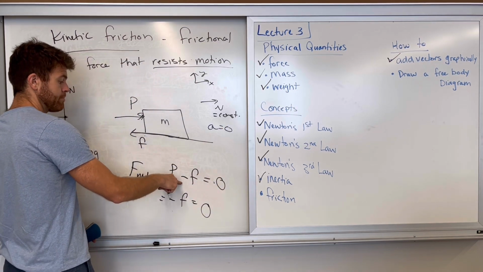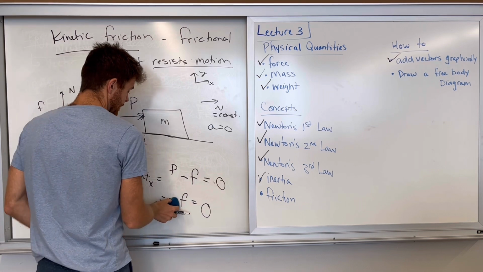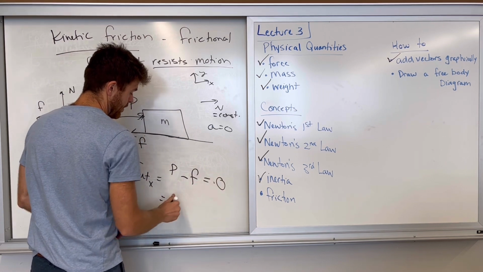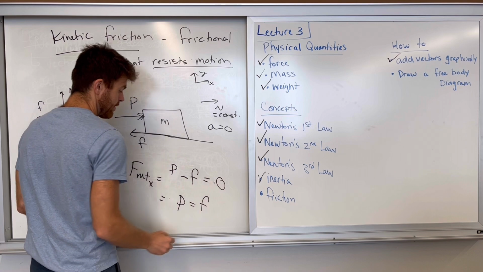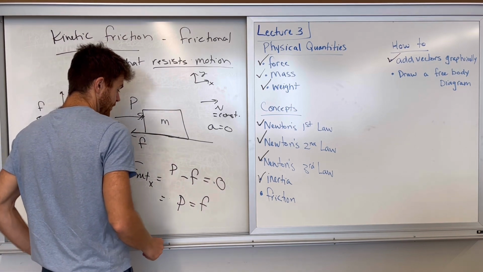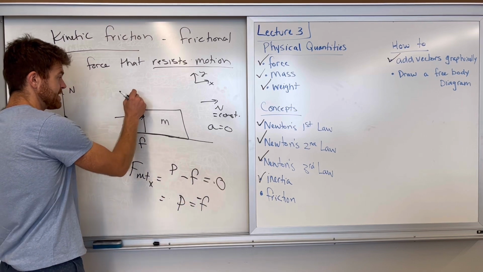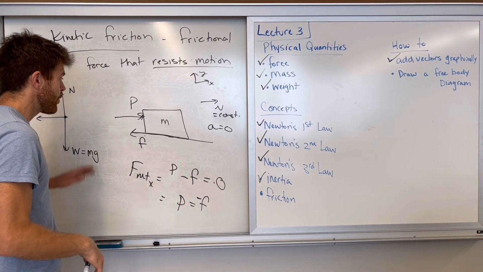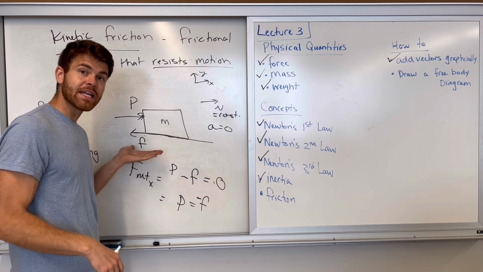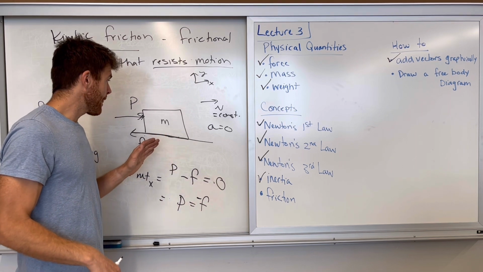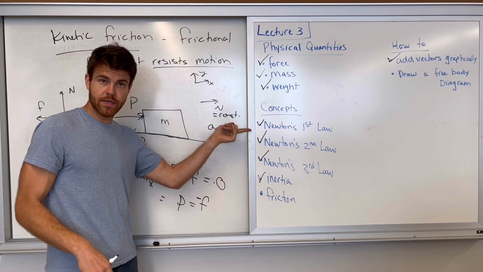And so the push minus friction must equal 0. So the push must equal the friction. It must be equal to negative friction. It must be the same magnitude, opposite direction. So we have to push it the same amount of force as the kinetic frictional force. If we do that, it'll move at a constant speed.